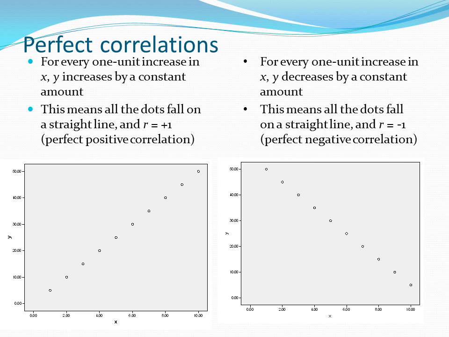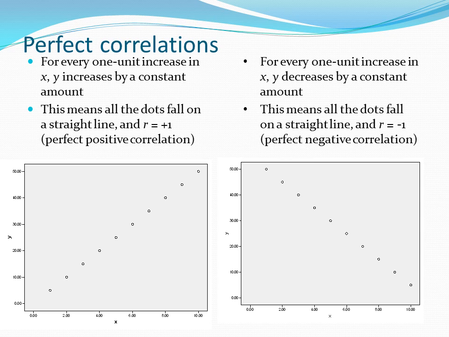So if you go across and you look at the scatter plot on the left, for every time that we have a positive 1 movement horizontally, we see that it moves up vertically. So that's a positive correlation.